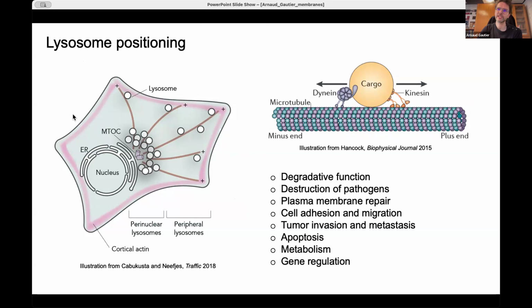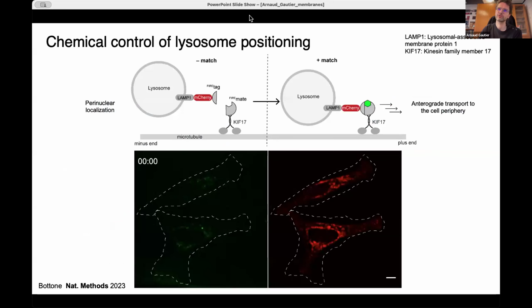In resting cells, lysosomes are generally in the perinuclear region, due to interaction with specific dyneins. We thought we could control lysosome positioning by controlling the interaction between lysosomes and a kinesin that goes from the minus end to the plus end of microtubules.